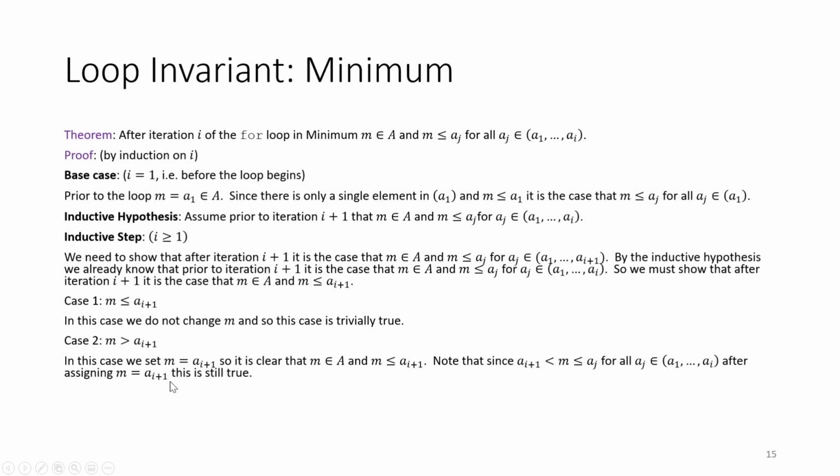So the idea here is that after assigning m to be equal to a_(i+1), this principle is still true. Here we're just stating that m must also be less than or equal to the first i elements. So after case 2, we are indeed satisfying the conditions. m is still an element of A, and it will be less than or equal to all of the elements up to and including now a_(i+1).